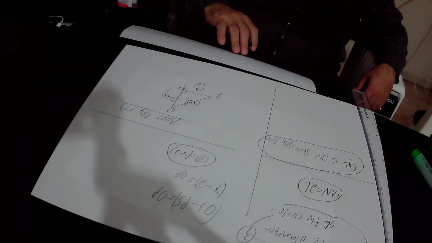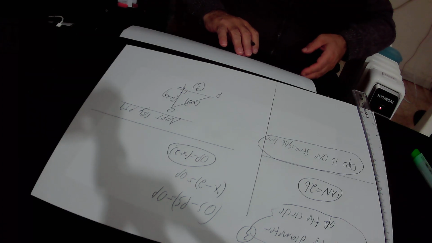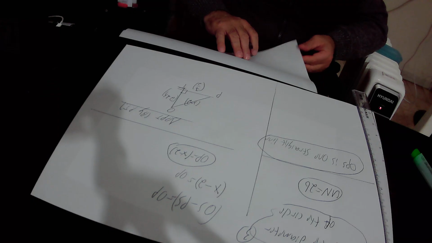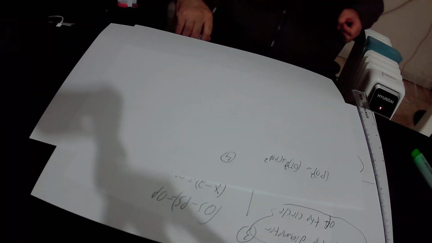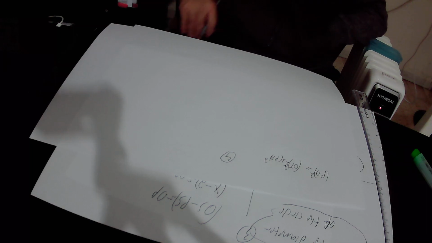Repeat again, in the right triangle OPT, PO squared equals OT squared plus PT squared.